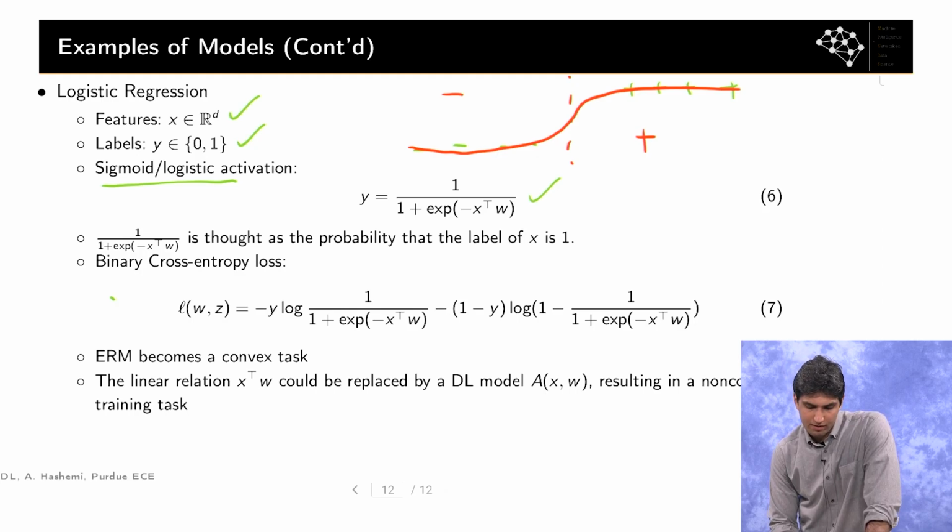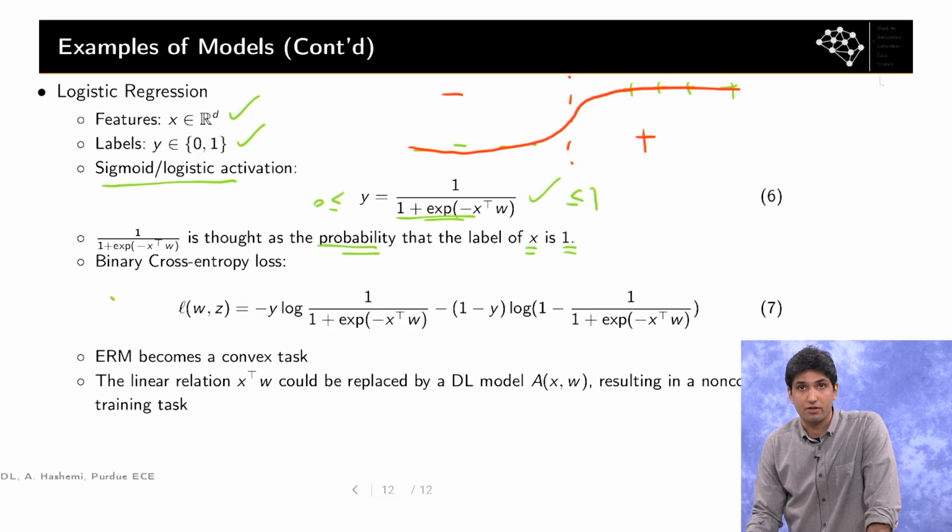The way to make sense of this is to think of this quantity, 1 over 1 plus the exponential, as the probability that the label of x is 1. This quantity, which incidentally is always between 0 and 1, says how likely it is that the label of x is equal to 1 or not.